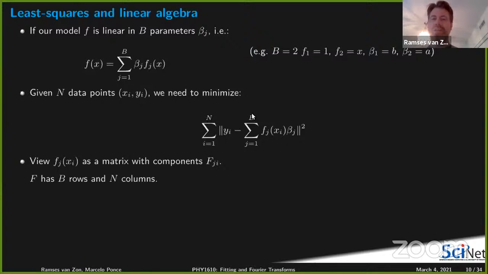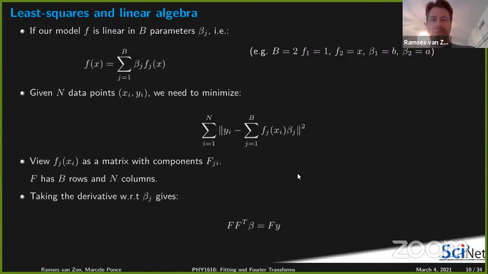If I do that, and if I try to minimize this just by taking the derivative with respect to the parameters beta and setting that to 0, that can actually be solved, or what I have to solve there turns out to be of this form. So I can rewrite whatever comes out by taking the derivatives in a matrix form. So F is now a matrix. Y is the vector that is composed of all of the y values of the data.